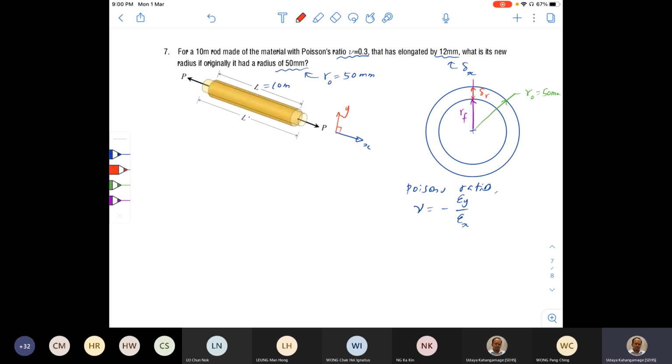This is the axial strain and this one is the lateral strain. So Poisson's ratio provides the ratio between those two as a negative value.